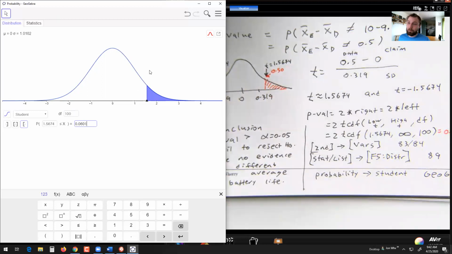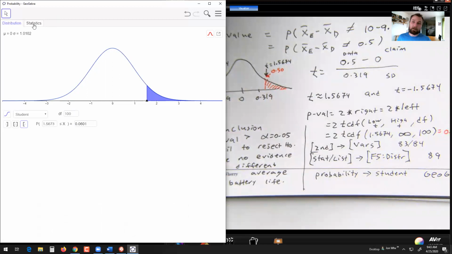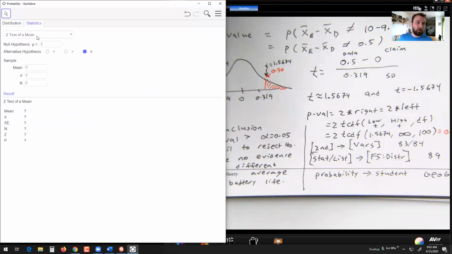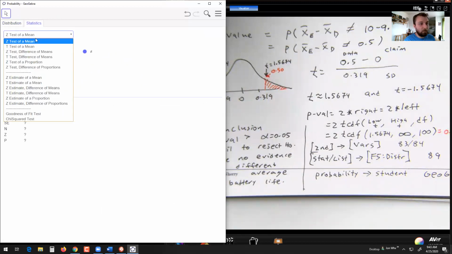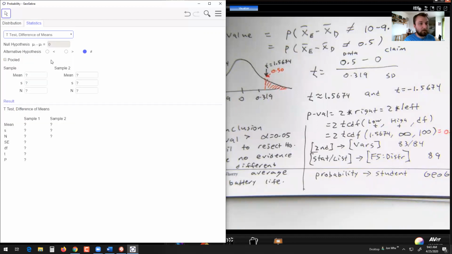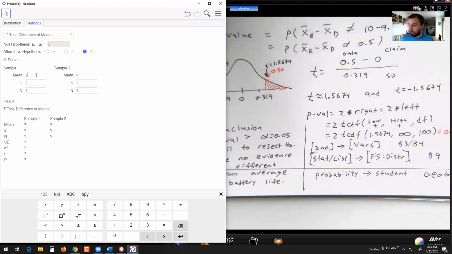Okay, I wanted to verify with you what this looked like if I actually did the whole thing using technology instead. So I'm going to do a t difference of means test just to show you how that degree of freedom would actually change. My first average was 10. The standard deviation there was 2 for 101 samples.